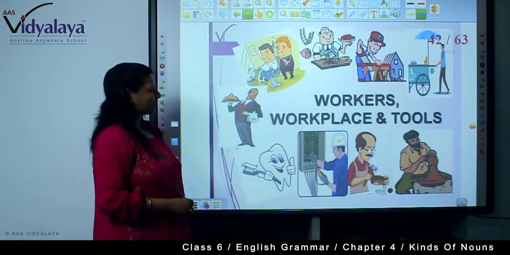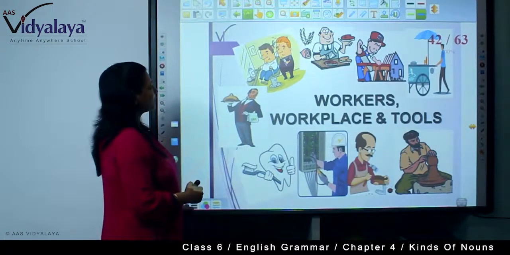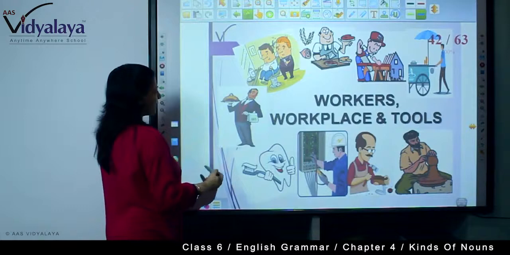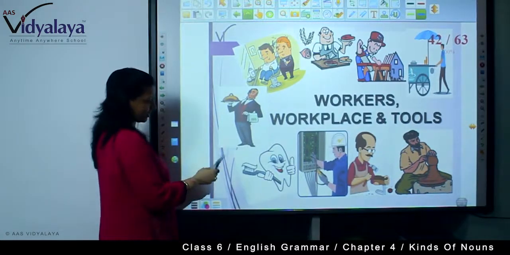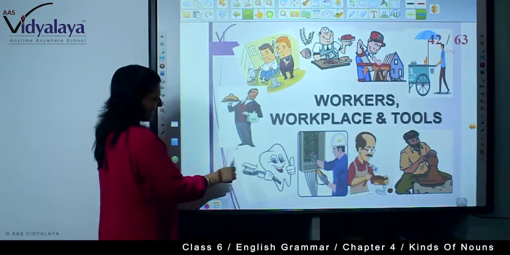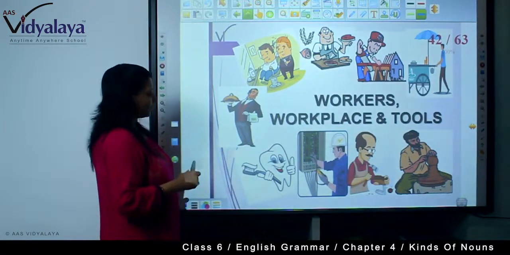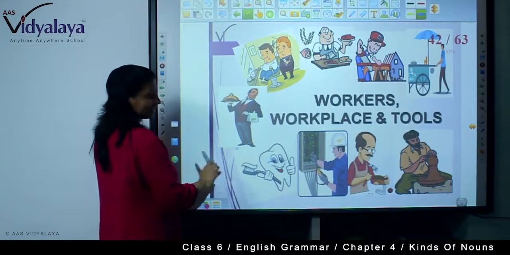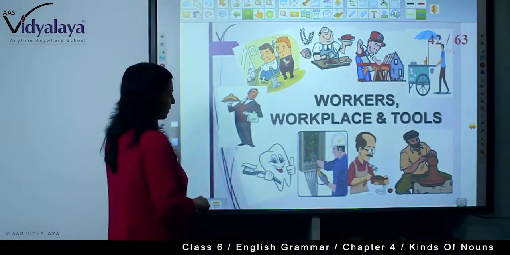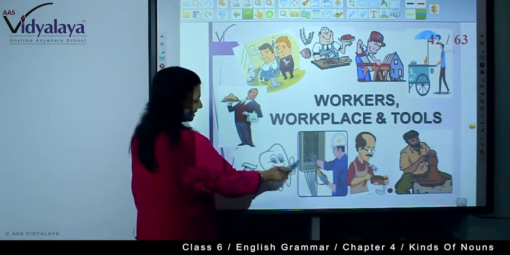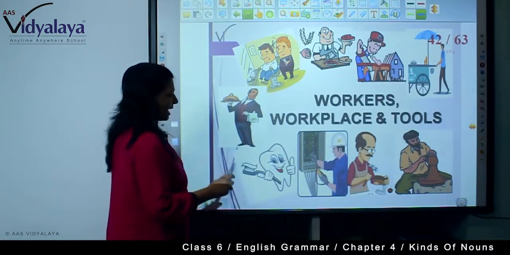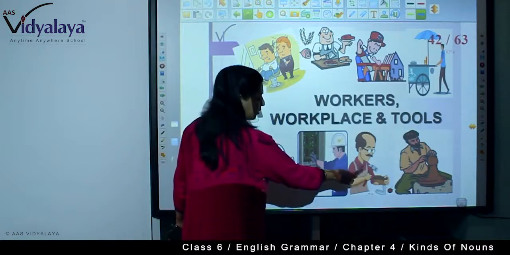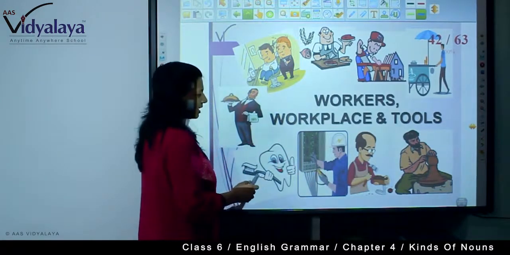Now, these are the workers, workplace and tools. You are seeing here the barber, a butler, a dentist, a person, because this is the tooth. So, in a dentist clinic you will find this type of picture, and see, he is a man who is doing something with machines, and he is a person, a cobbler, he is mending shoes.